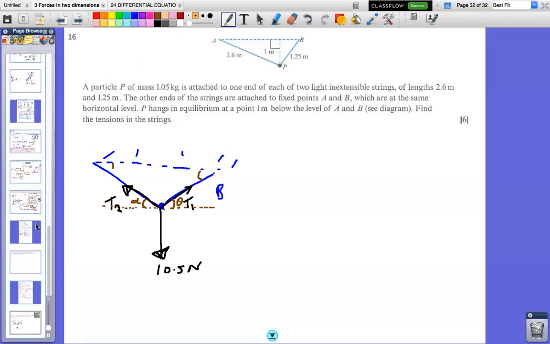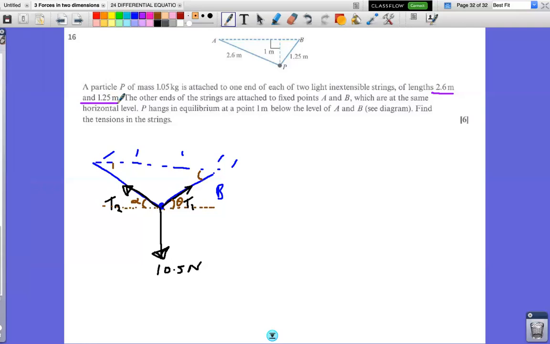So, how to find those angles? You have been given the lengths of the strings, 2.6 meters and 1.25 meters. So this is 2.6 and this is 1.25.